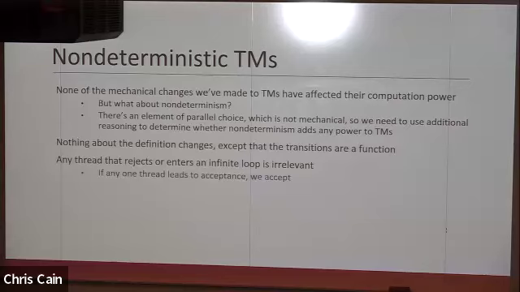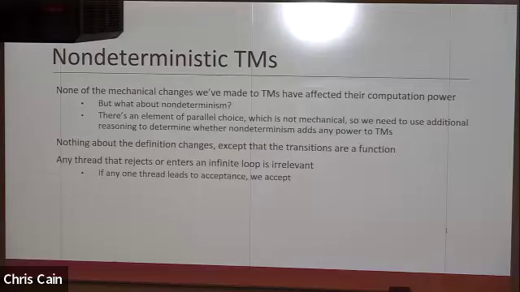What we know about non-determinism is that if any thread leads to acceptance, then we accept. So we turn a kind of parallelized algorithm into a search. There's no bound on the breadth of that search, but we don't allow for infinite parallelism at any one step. There has to be a finite branching factor.